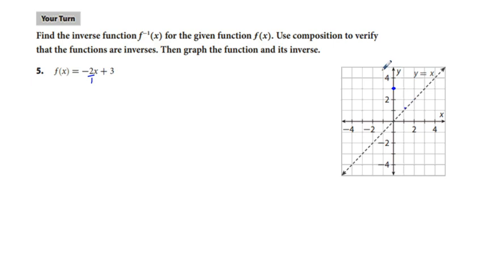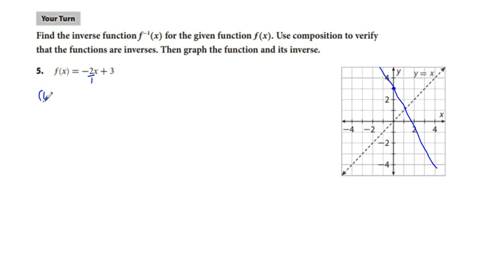So the graph of the function is going to be this one right here.